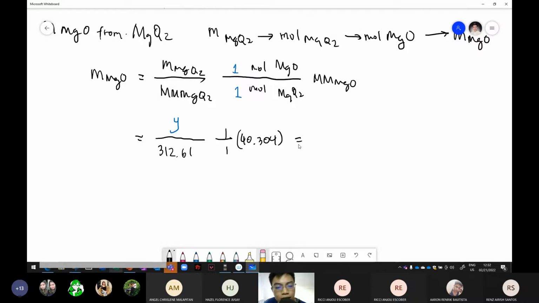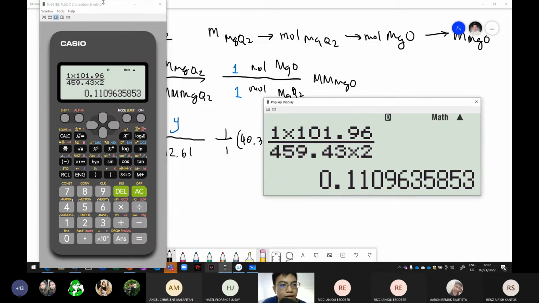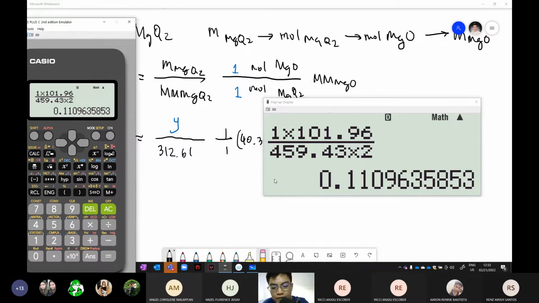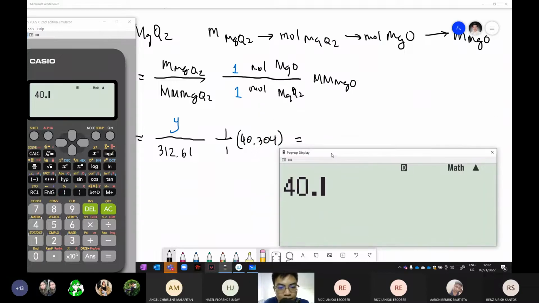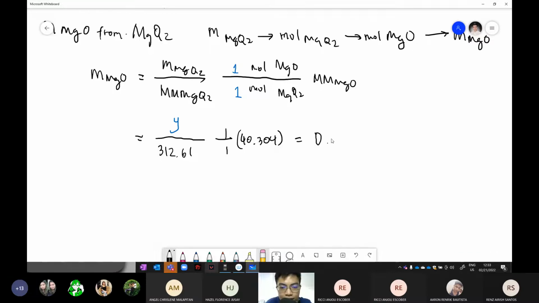Yan. Okay. Pindutin ko sa calcu. Let me just verify. Okay, 4 decimal places, 0.1289. Okay, so yeah, you're correct. 0.1289Y. Gawin natin colored yung Y. Okay. O, diba? Same process lang.